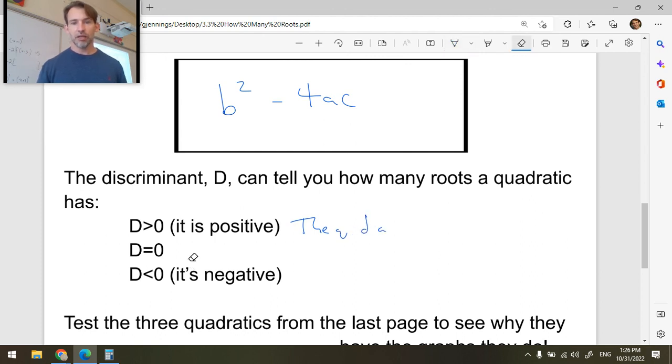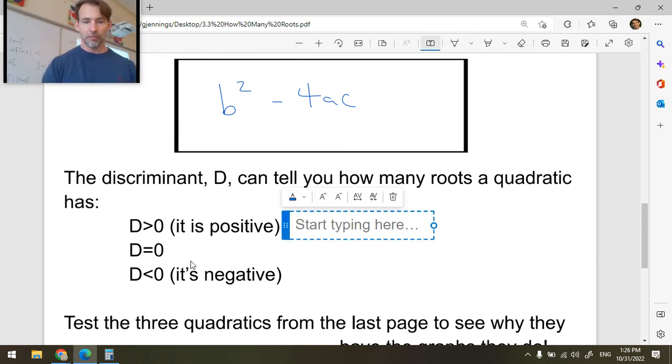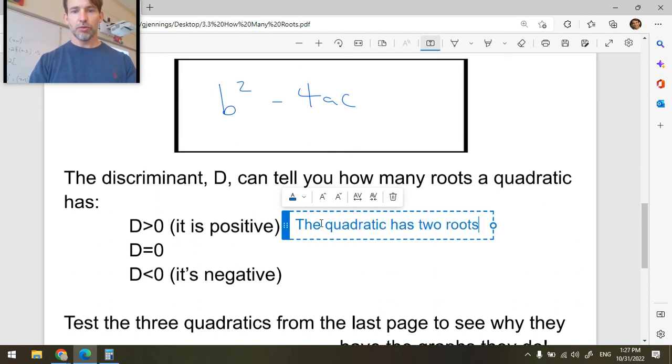let's do this in typing. My handwriting leaves something to be desired. In this case, the quadratic has two roots.